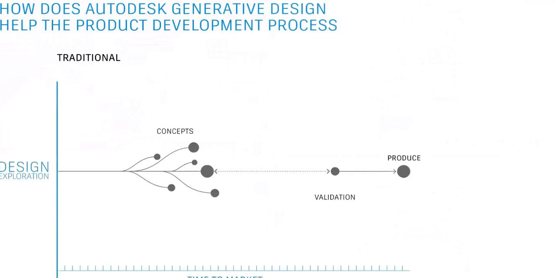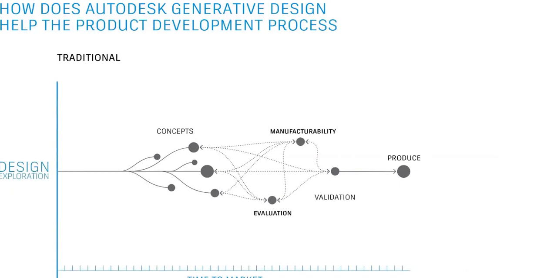So the general process that we're really trying to affect is something that we've heard from a lot of our customers, is that typically only a small handful of concepts are really looked at within a product cycle. So maybe 4 or 5, like you could see on the screen. And then those concepts are evaluated for their structural integrity. You need to make sure they're strong enough.